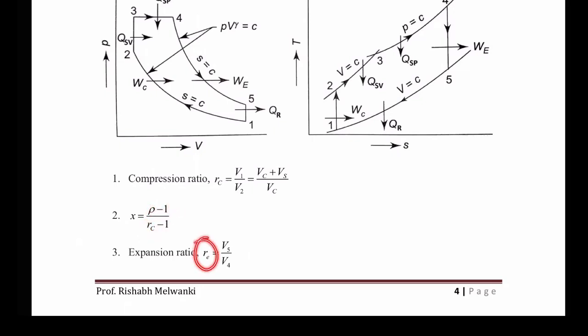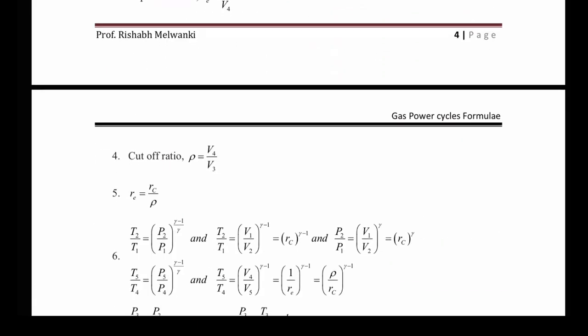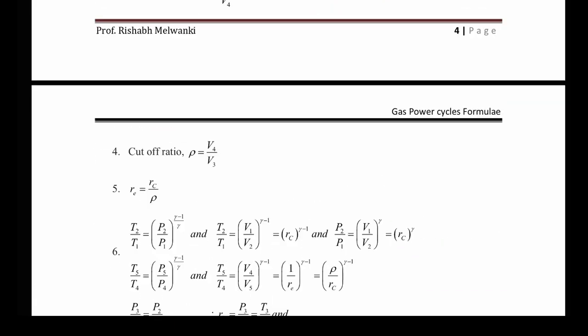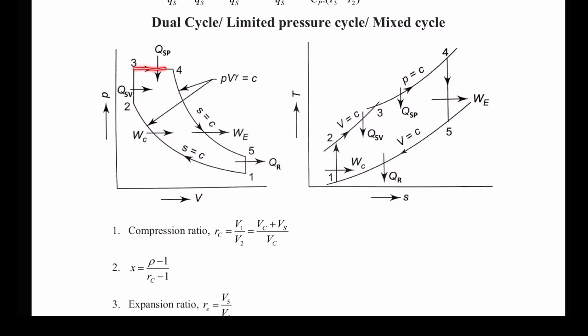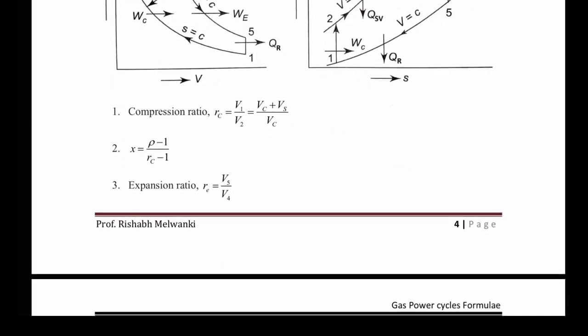Then we have expansion ratio, which is the volume after expansion V5 to the volume before expansion, which is V4. Then the next equation is cutoff ratio, which is V4 by V3. It is usually for the constant pressure process: the volume where the cutoff occurs to the volume V3 where the fuel injection starts at constant pressure process. So that is called cutoff ratio.